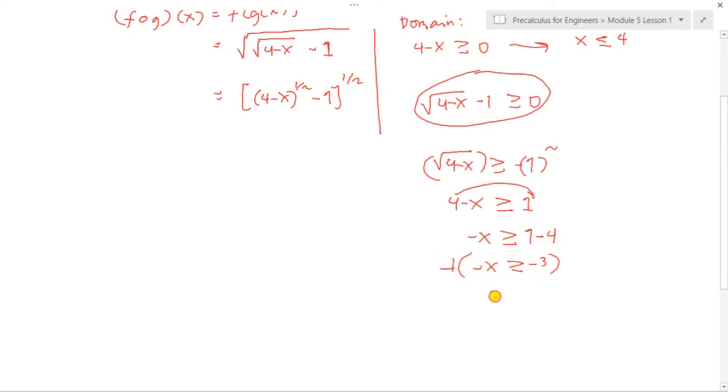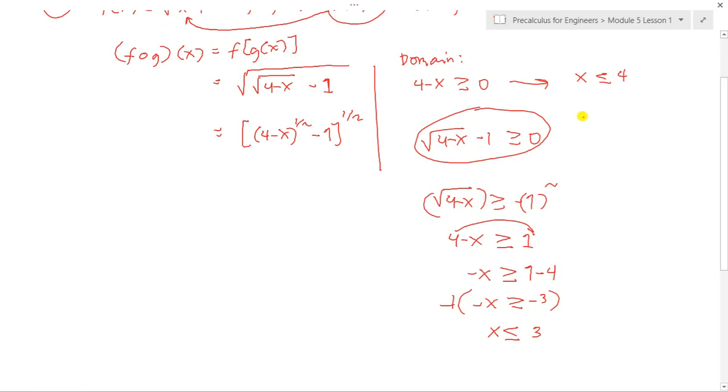Multiply both sides by negative 1, and since we multiply by a negative number, the sign changes, so we now have x less than or equal to 3. So therefore our restriction: x must be less than or equal to 4, and x should be greater than or equal to 3.